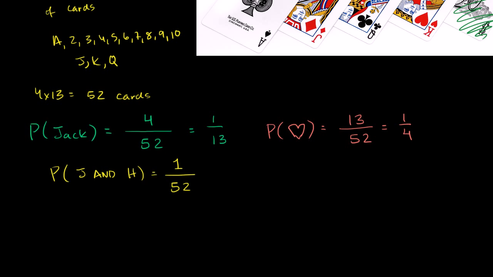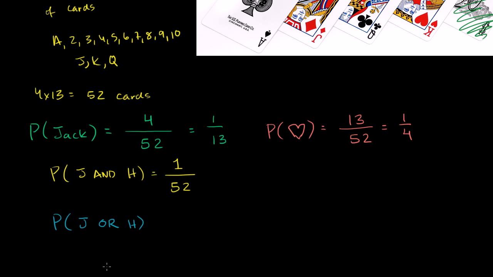Now let's do something a little bit more interesting. You might want to pause this and think about this a little bit before I give you the answer. What is the probability of, so once again, I have a deck of 52 cards. I shuffle it, randomly pick a card from that deck. What is the probability that the card that I pick from that deck is a jack or a heart? So it could be the jack of hearts, or it could be the jack of diamonds, or it could be the jack of spades, or it could be the queen of hearts, or it could be the 2 of hearts.